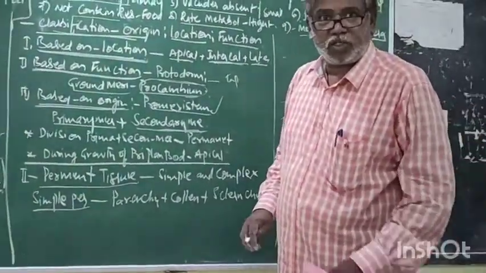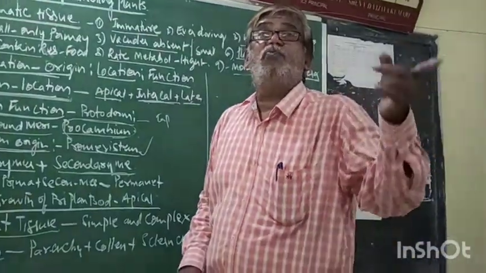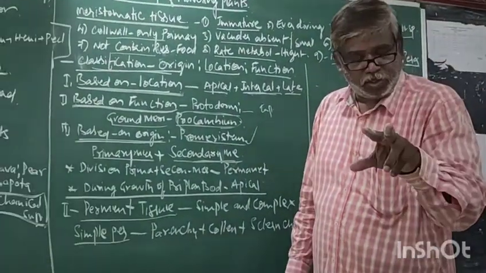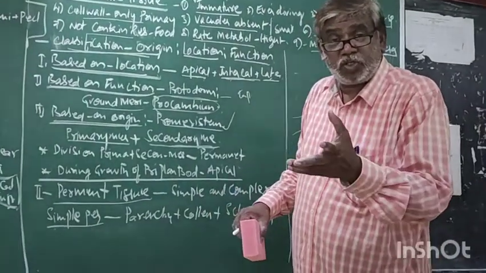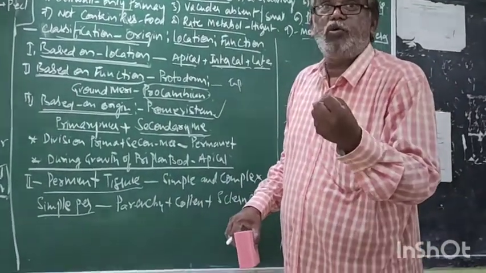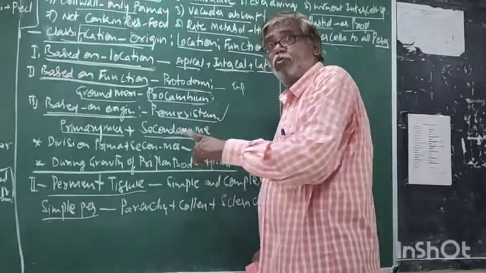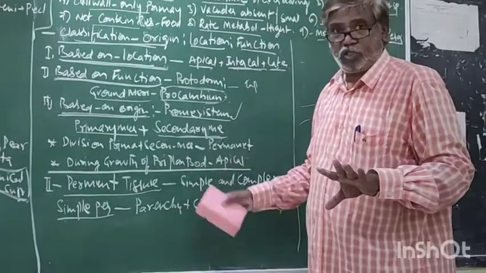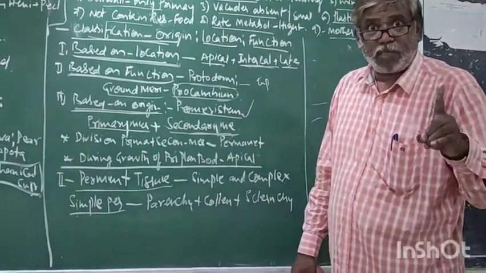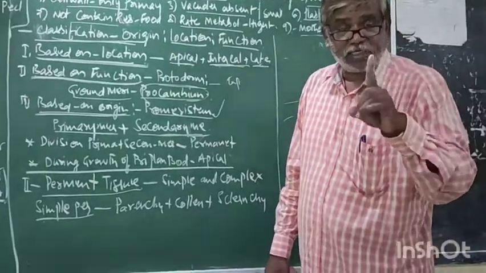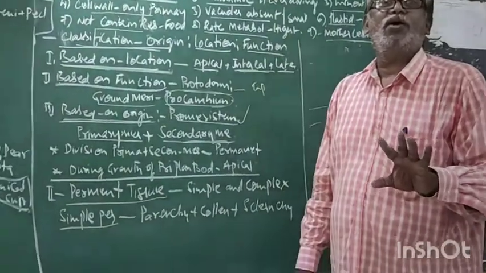The formation of meristem from permanent tissue by de-differentiation. Permanent tissues which undergo de-differentiation have the ability to form meristem. Such meristem is called secondary meristem. It is formed from permanent tissue, specially parenchyma and chlorenchyma, but not sclerenchyma.